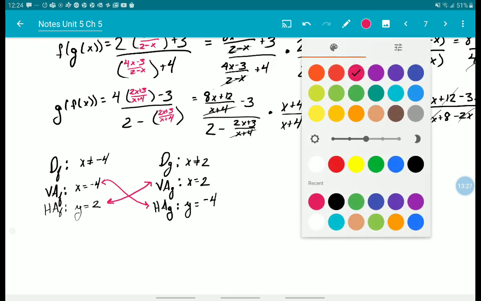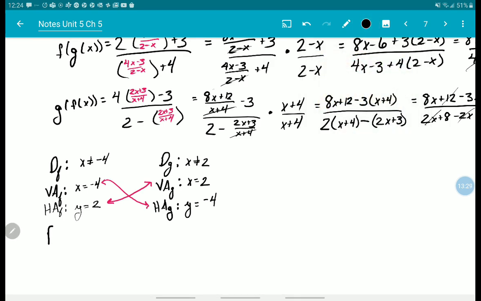In fact, we could even talk about the ranges of f and g, and it turns out the relationship is pretty interesting. The range of f ends up being the domain of g.